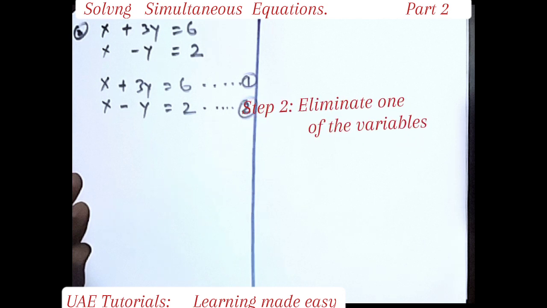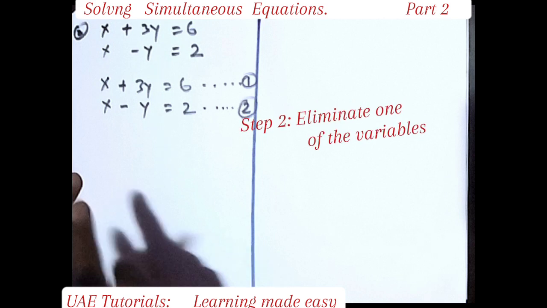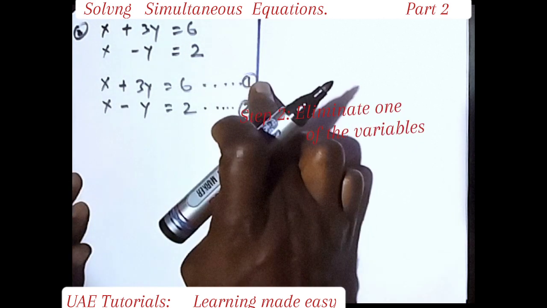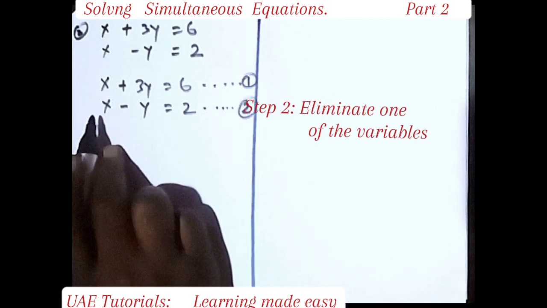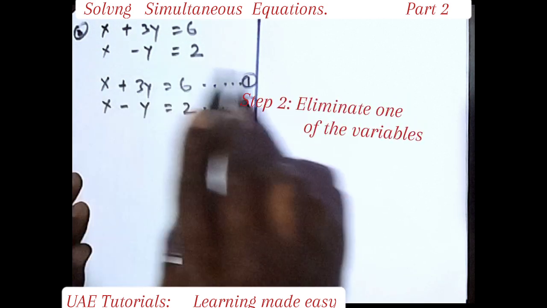Sometimes you add, sometimes you subtract. So in this case, I know that if I subtract equation 2 from equation 1, the x variable would have been eliminated. Can you see that, guys? Yes, that's exactly what we are going to do.